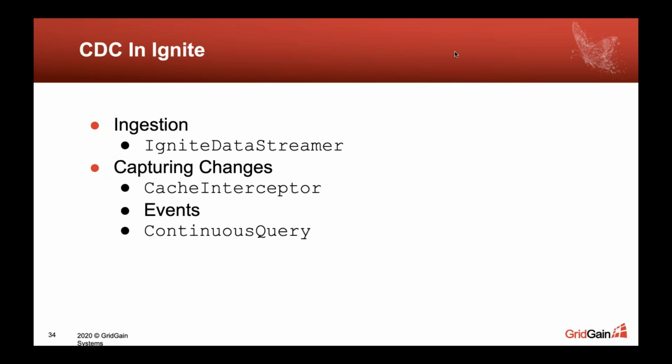And finally, you have a continuous query, which is a combination of interceptor and change data feed, which allows clients to subscribe to changes in Apache Ignite and consume updates that happened in the cache, optionally filtering those remote events using remote filters.